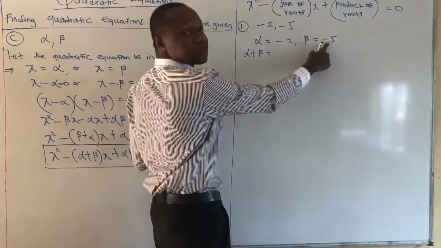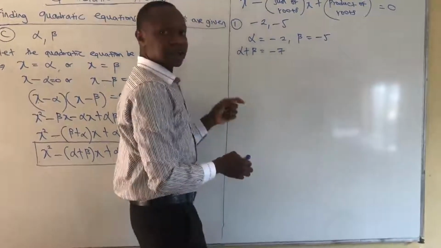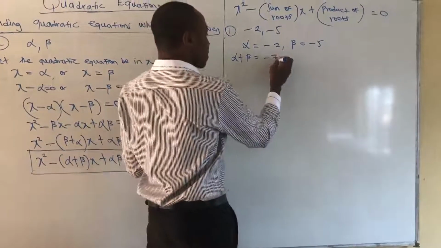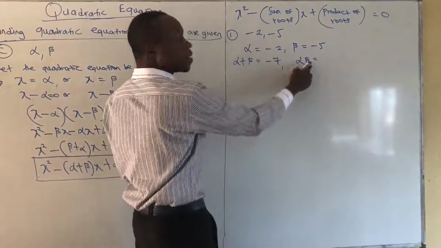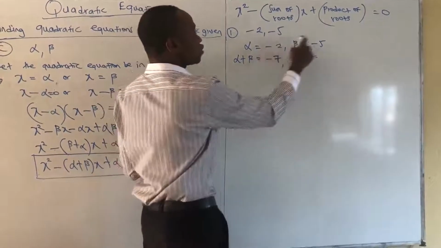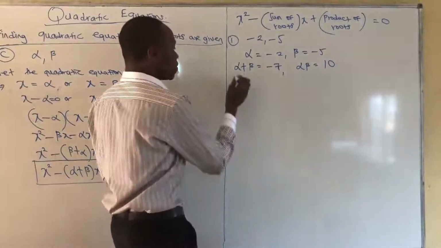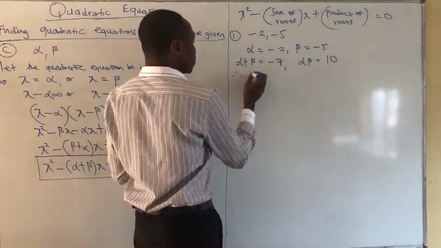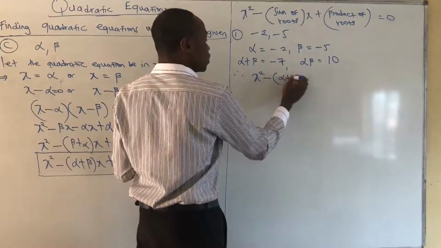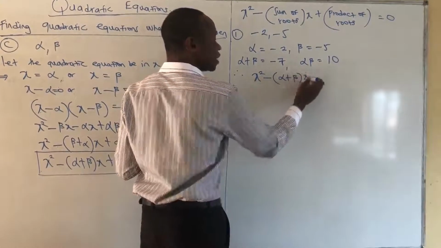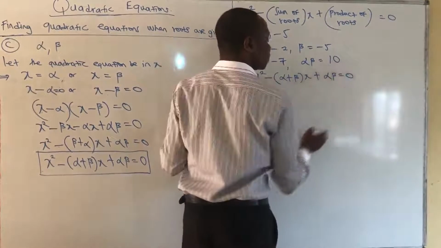If I take the sum of this and this, I will have -7. I'm sure that will not be a problem. Then if I take the product of the roots, alpha beta, multiply -2 and -5, you will have +10.